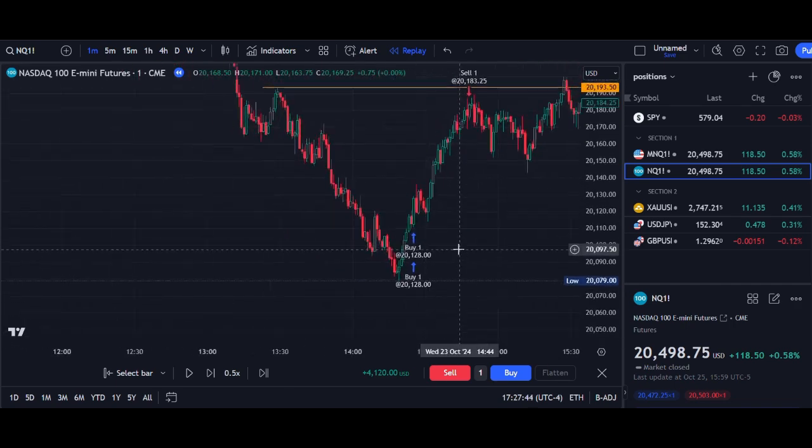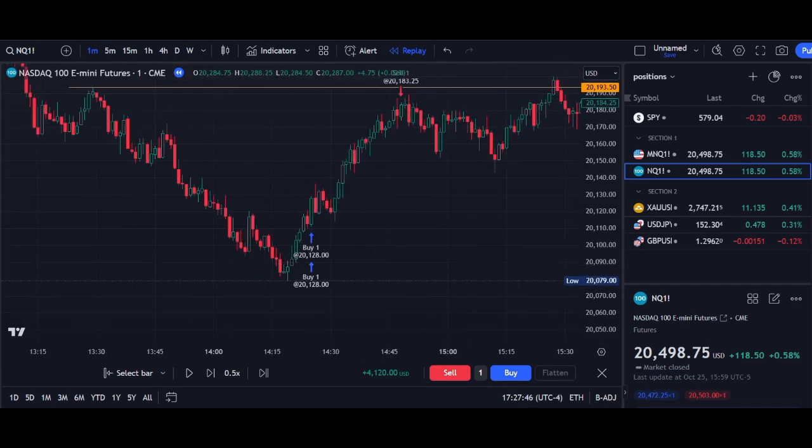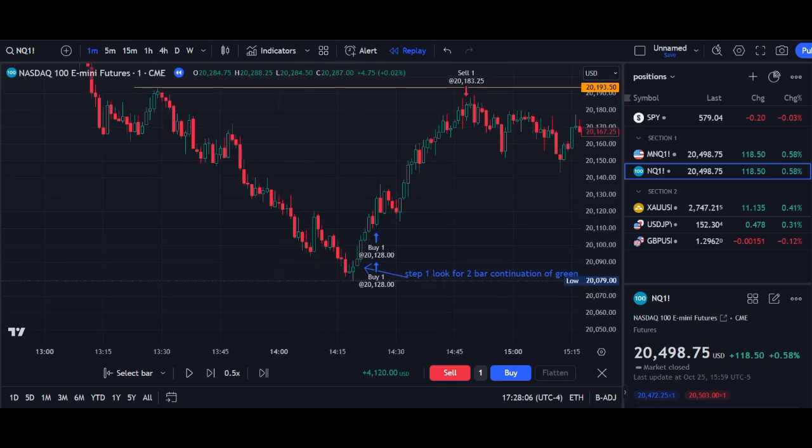So V-shaped reversals, step 1. Look for 2 bars, continuation of green candles, right? And that is right there, 2 bars, right?